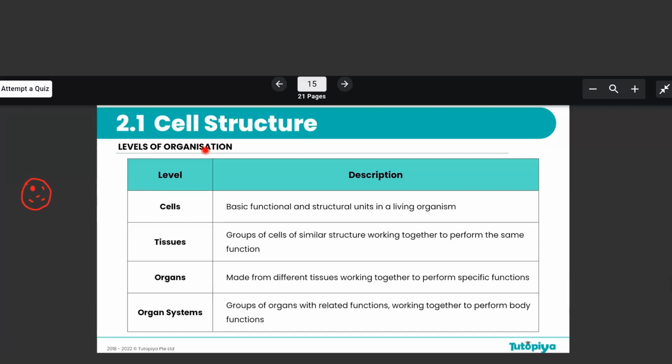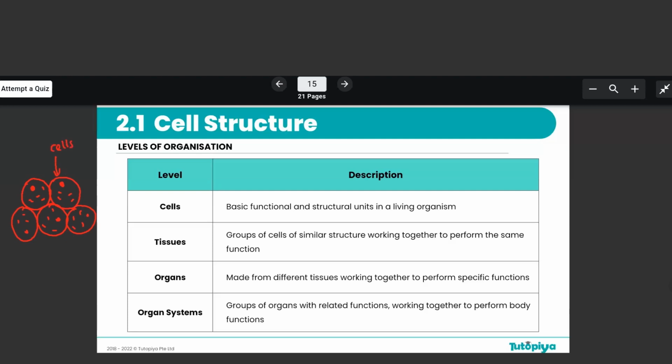And then, when we consider the levels of organization, there are cases where there are many cells with similar structures. I'm drawing over here cells that have similar structure together. In this picture, I've drawn 5 cells that have grouped up together.